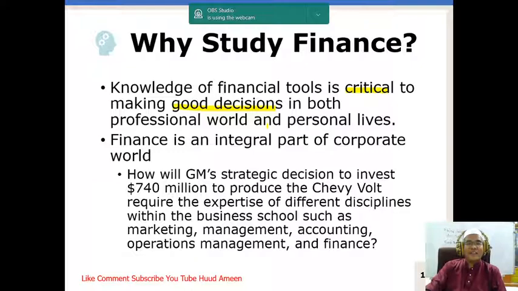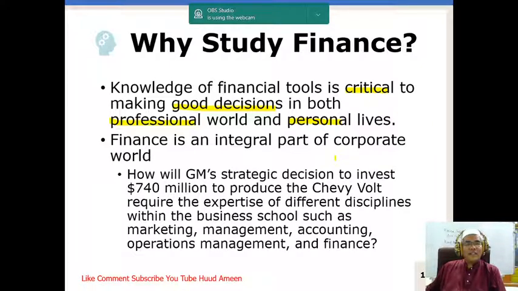You have to decide whether you want to keep 1 million in the bank and do nothing, or raise funds with the 1 million so that next year you will get more. So you have to make the right decisions in both professional and personal life. You can use finance in professional and also personal lives.